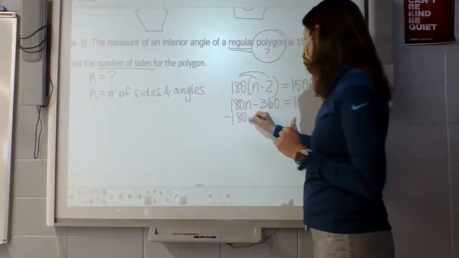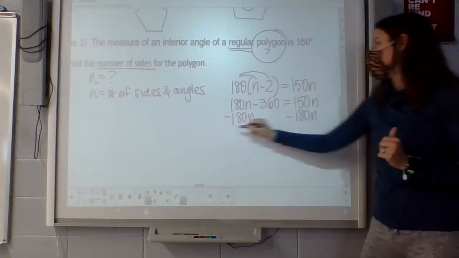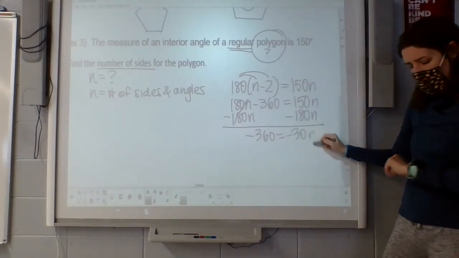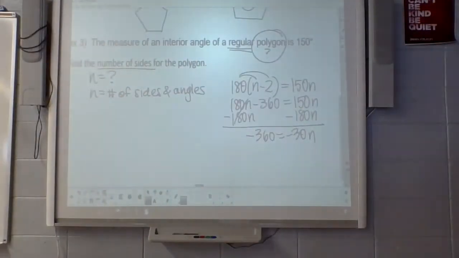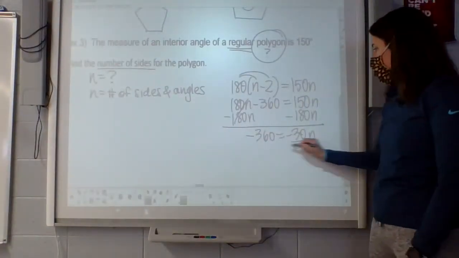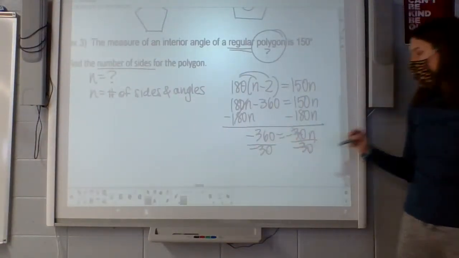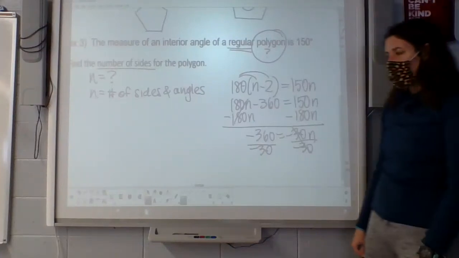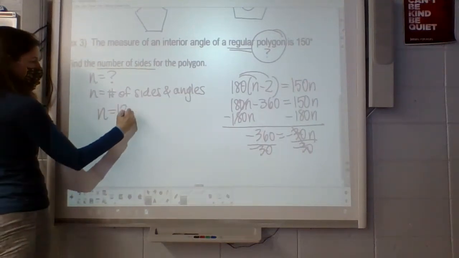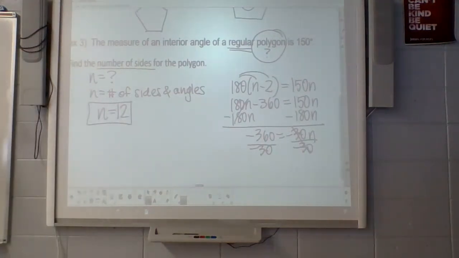And for that, how do we get n alone? Divide by negative 30. So negative 360 divided by negative 30. Our number of sides is going to be 12. So there are 12 sides and angles, and all the angles would be 150 degrees in this case.